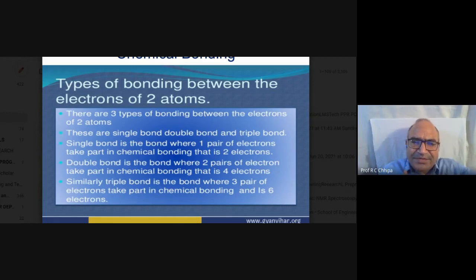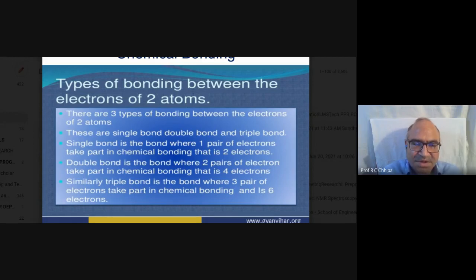A single bond is where one pair of electrons takes part in chemical bonding, that is, two electrons. A double bond is where two pairs of electrons take part in the chemical bonding, four electrons, and one pair includes two electrons. So the question is how the electrons come together and form a chemical bond.